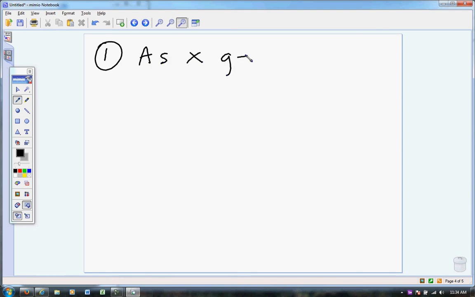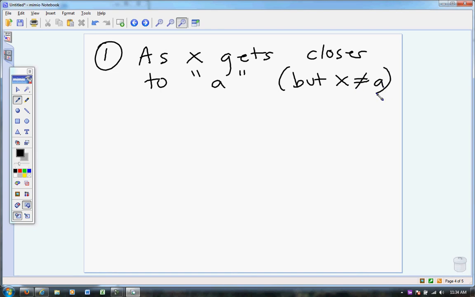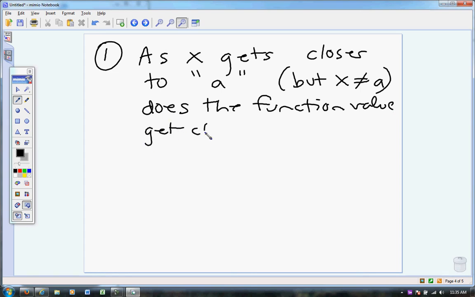As x gets closer to a, but x cannot be equal to a, does the function value get close to some real number L?